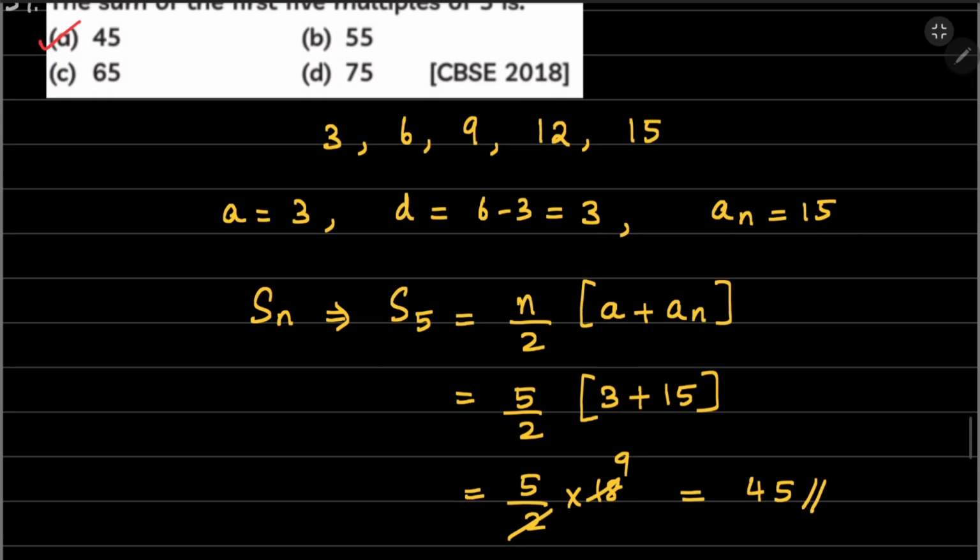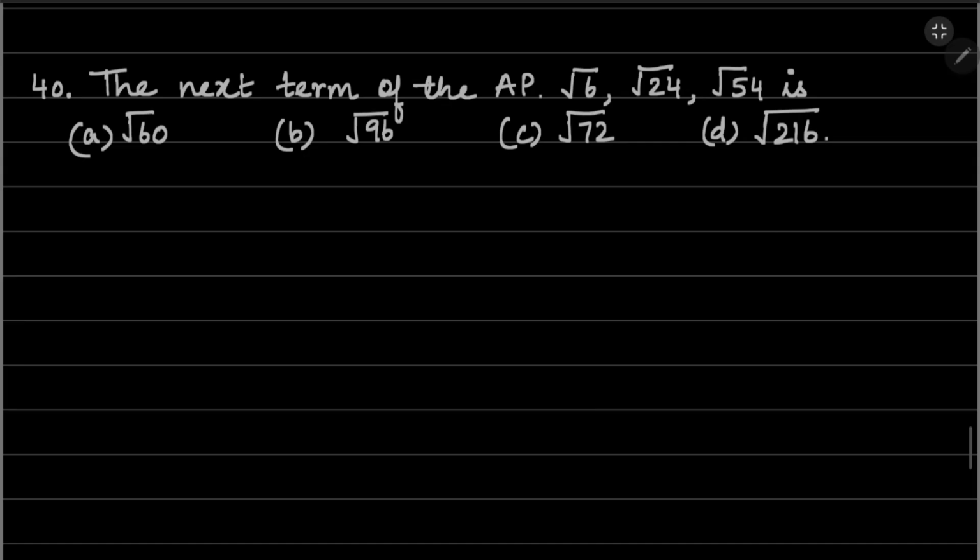Let's move on to the next question. The next question is the next term of the AP. You are given an AP and you have to find the next term. The AP will be, the first term is root 6. The second term, root 24, if you factorize it, 2 6s are 12, so you'll be getting it as 2 root 6.